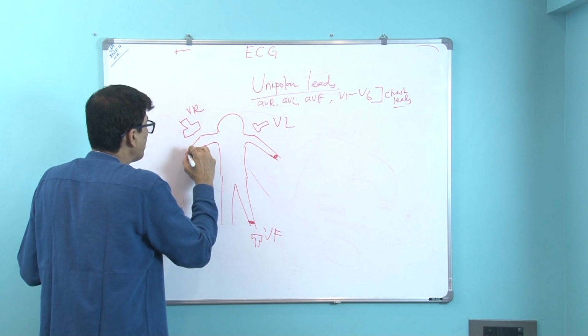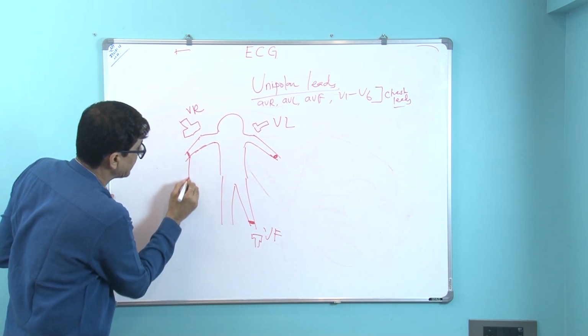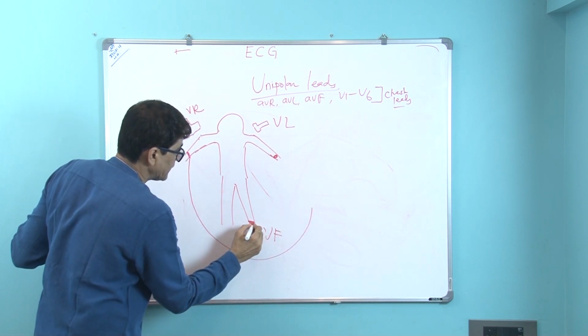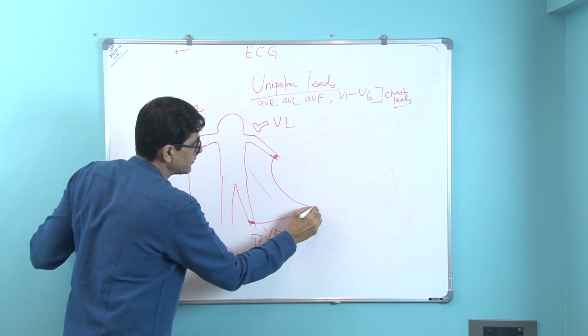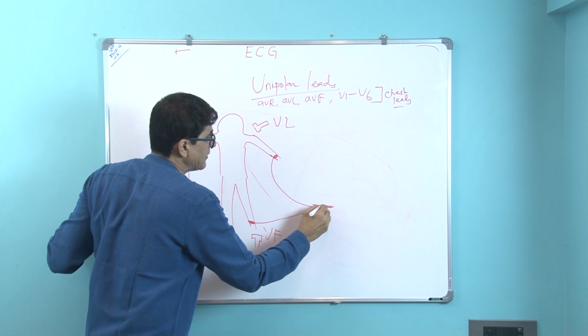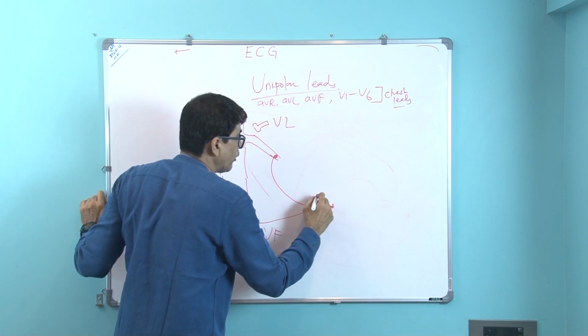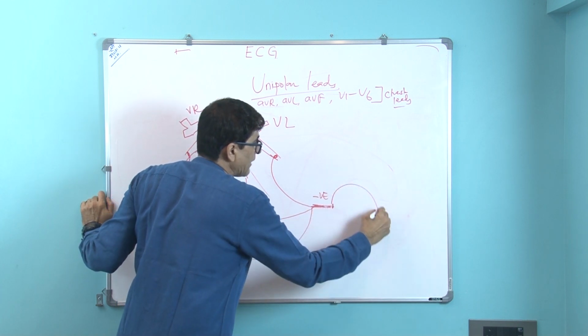Now see what they do: they connect one here, this is connected, this is connected. So this becomes the central terminal of Wilson, which goes to the negative pole of the galvanometer. This is the galvanometer.